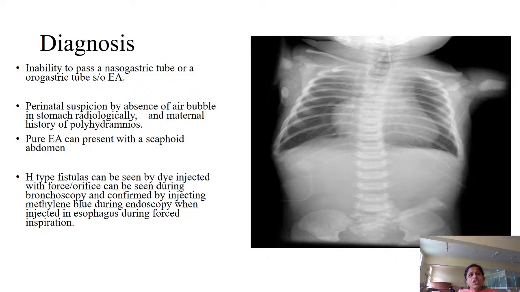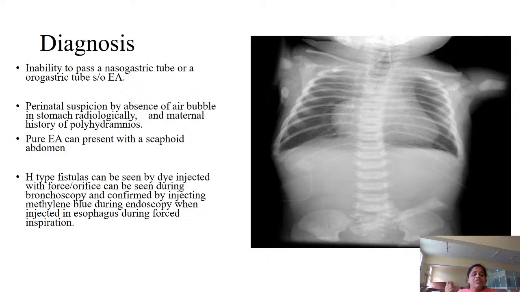And diagnosis, obviously, the first thing we do when a newborn is being attended at delivery, once temperature, cardiac circulation and respiratory things are seen, is we try to pass a nasogastric tube to check the orificial patency. Let it be the choanal patency or the anal patency, we check it.